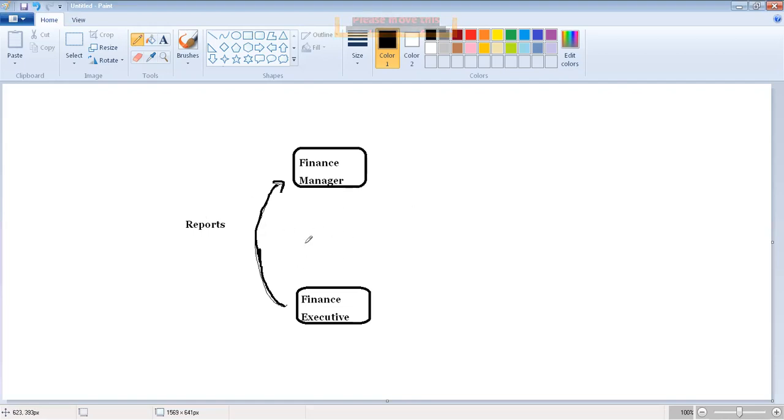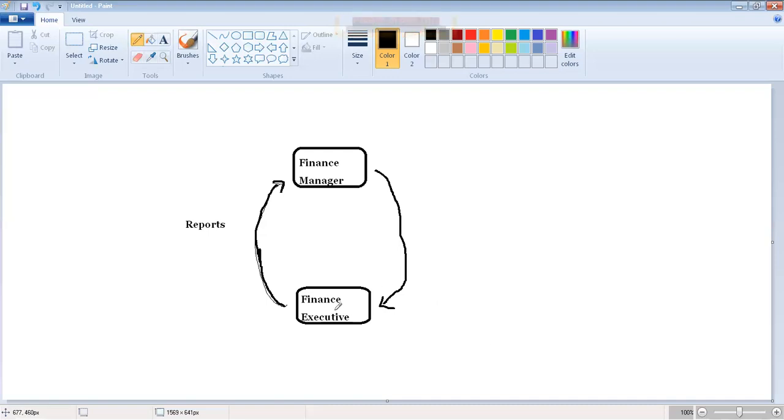This kind of relationship can be specified in another way. You can say that the finance manager is the line supervisor of the finance executive. I'm explaining it in the reverse way.